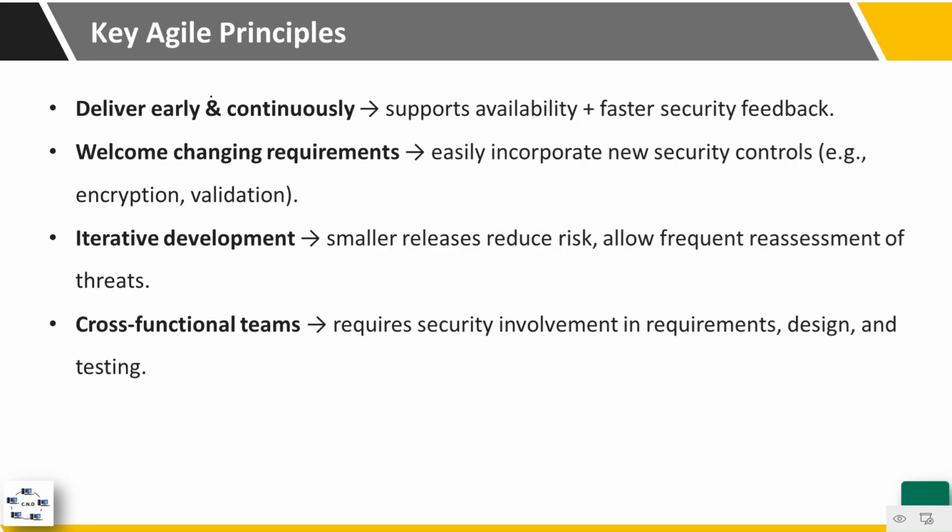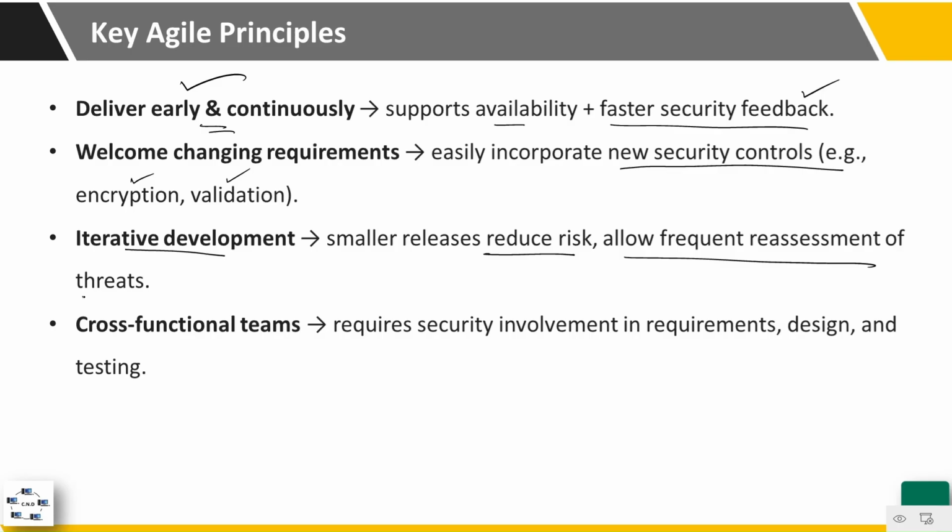Key Agile principles include: deliver early and continuously, so it supports availability plus faster security feedback. Welcome changing requirements, so it easily incorporates new security controls, for example, encryption and validation. It has iterative development, so smaller releases reduce risk and allow frequent reassessment of threats.